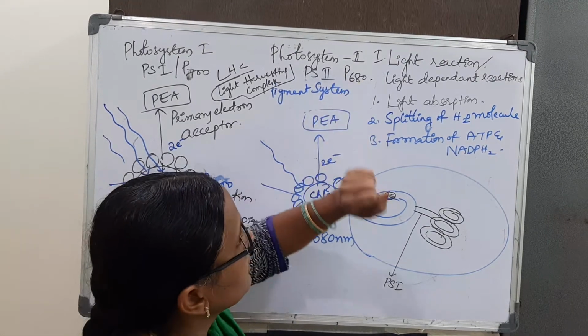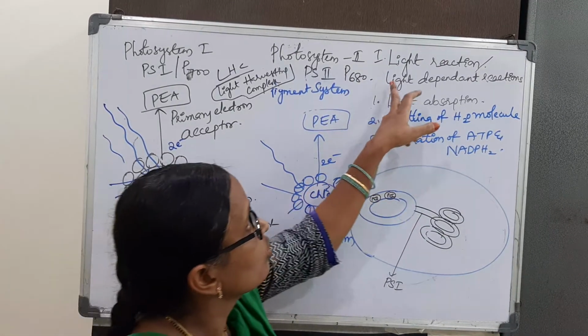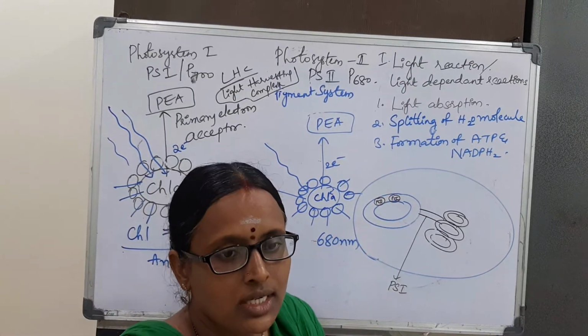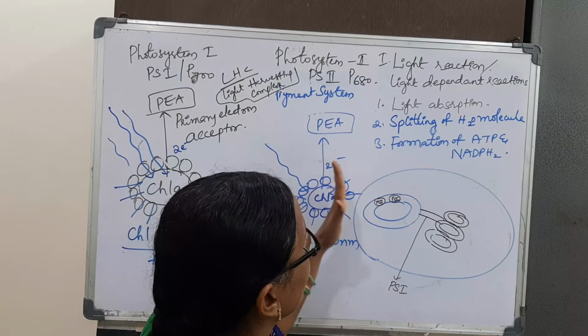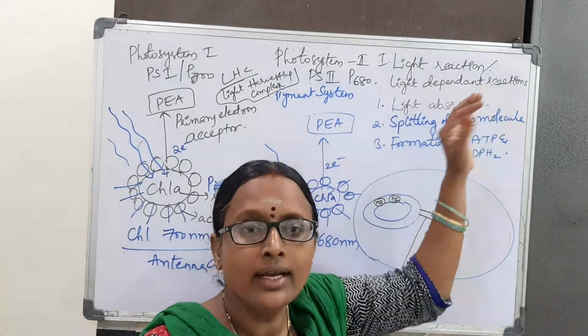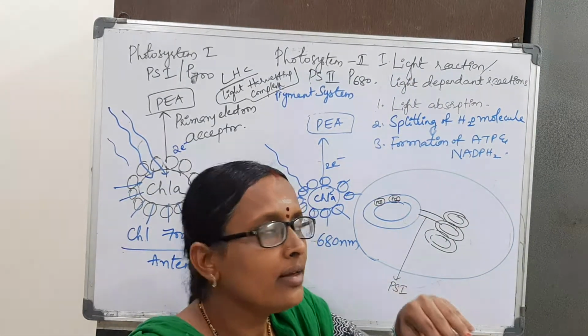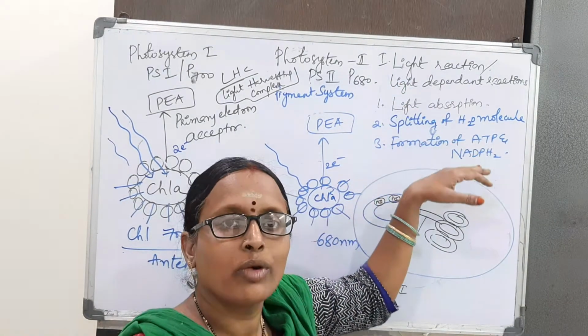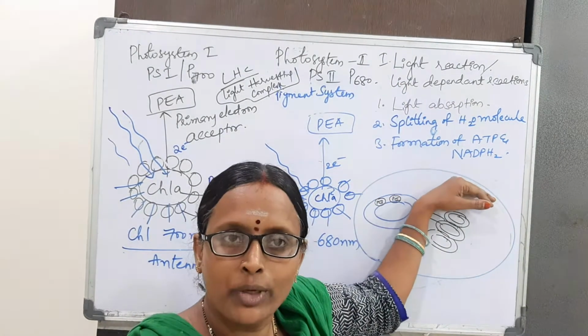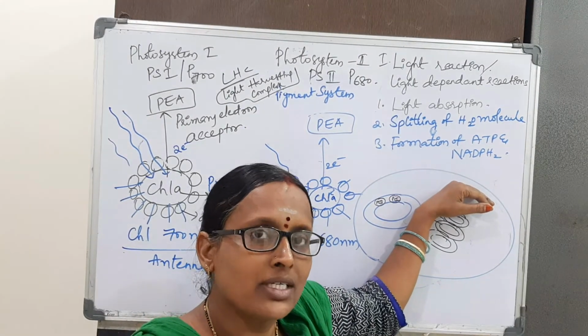So, light dependent reactions. Coming to the light reactions: photosynthesis is divided into light reactions and dark reactions. In the light reactions, we have light absorption, splitting of water molecules, and then formation of assimilatory powers.